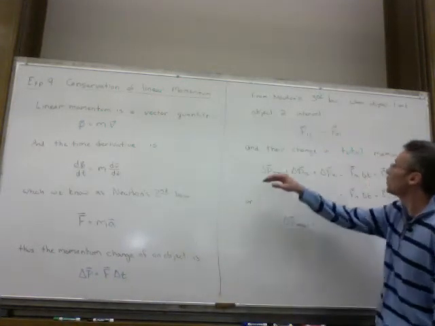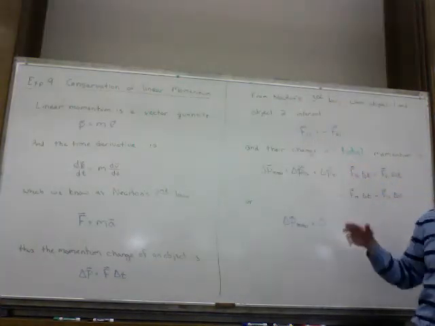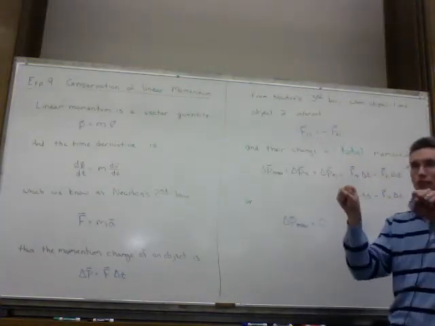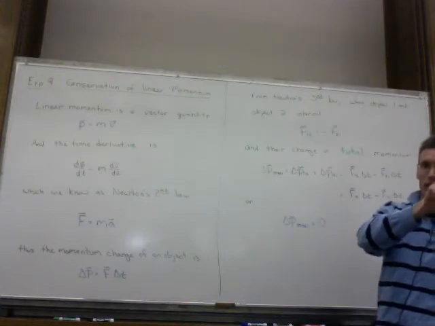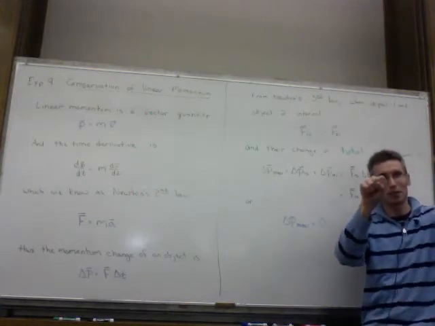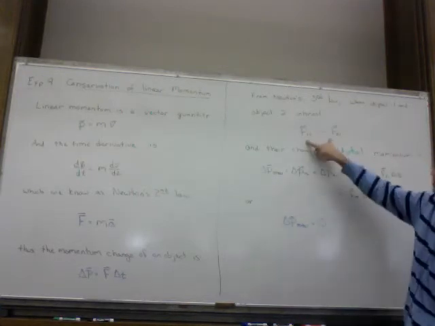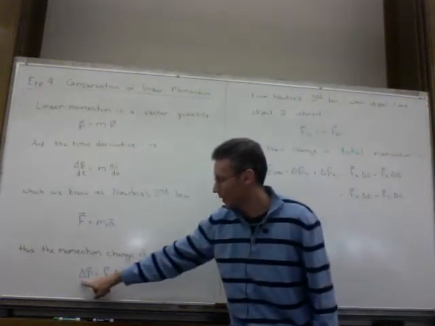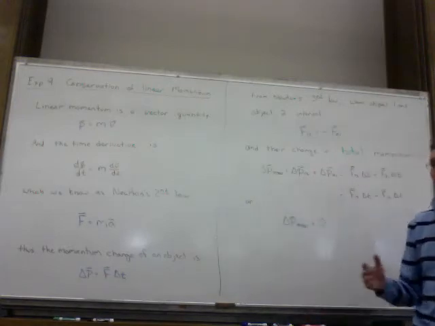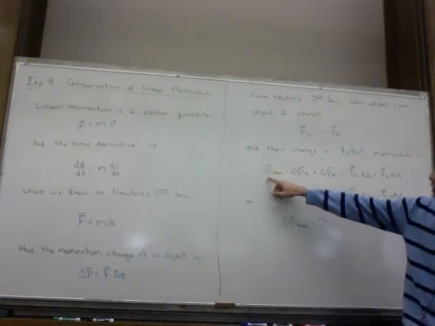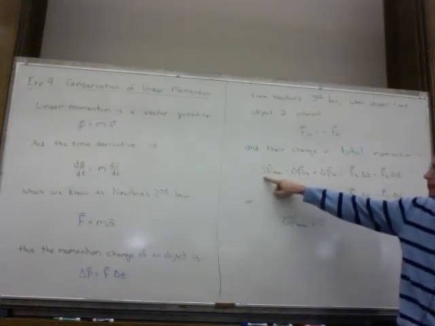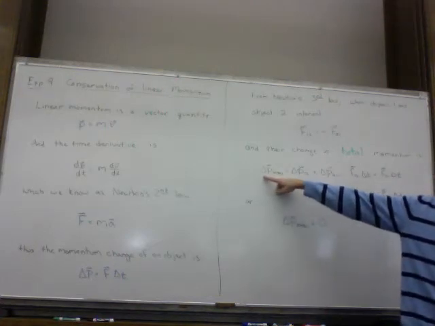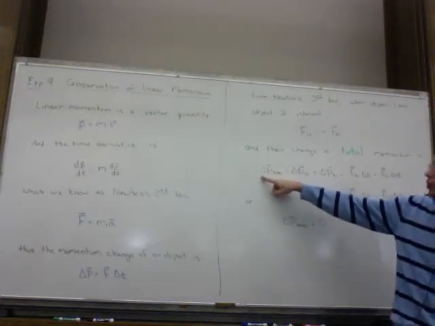So if we use Newton's third law, it says if you have two objects interacting, then the force that object 1 exerts on object 2 is equal and opposite the force that object 2 exerts on object 1, which we can write like this. And we look at the change in momentum of two objects that interact. Their total momentum during the time over which they interact could change.